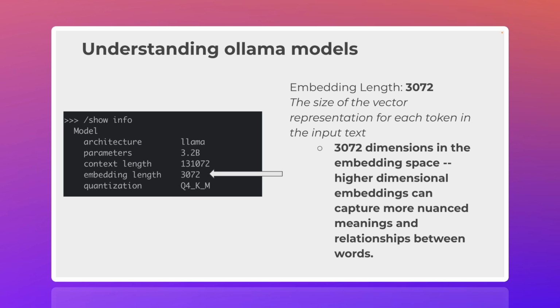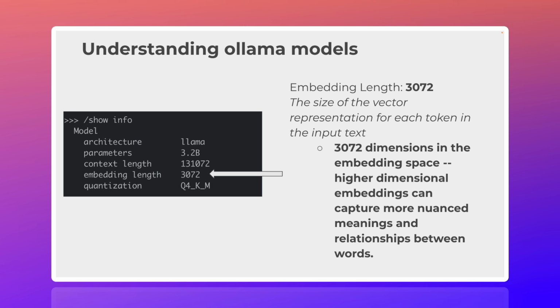Well, that means we have what we call semantic richness, which means higher dimensional embeddings can obviously capture more nuanced meanings and relationships between words. When it comes to a large language model, this reflects the model's ability to understand very complex language patterns. So the larger the dimension, the more the model is going to understand complex language patterns.